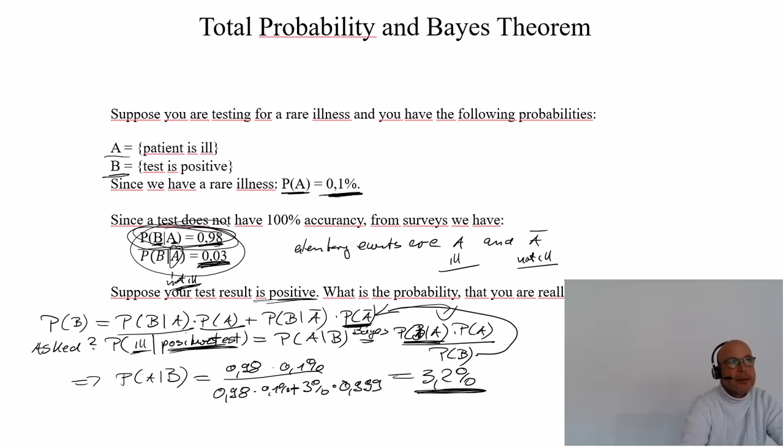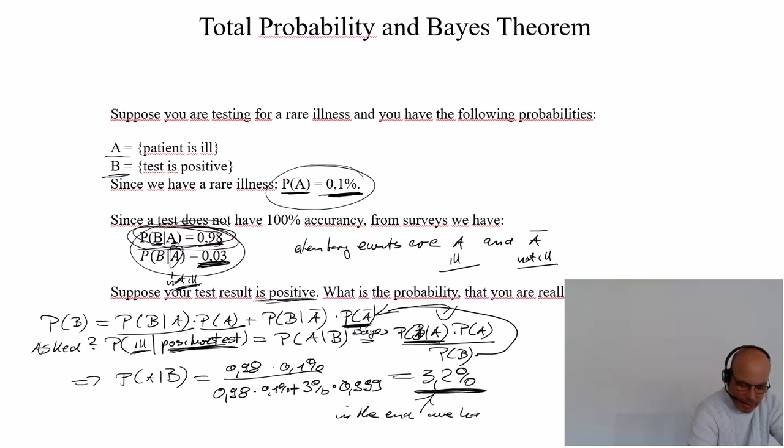So this means that this is really a poor test which I have here. And this is because of the rare events which I have here. So in the end, we have, so to speak, a poor test.